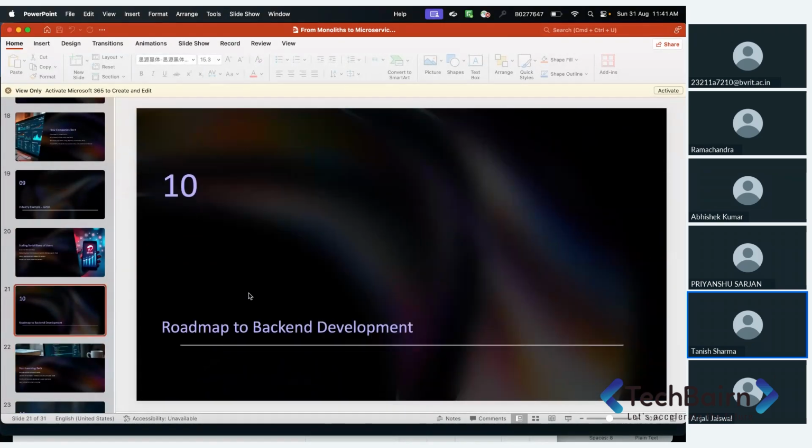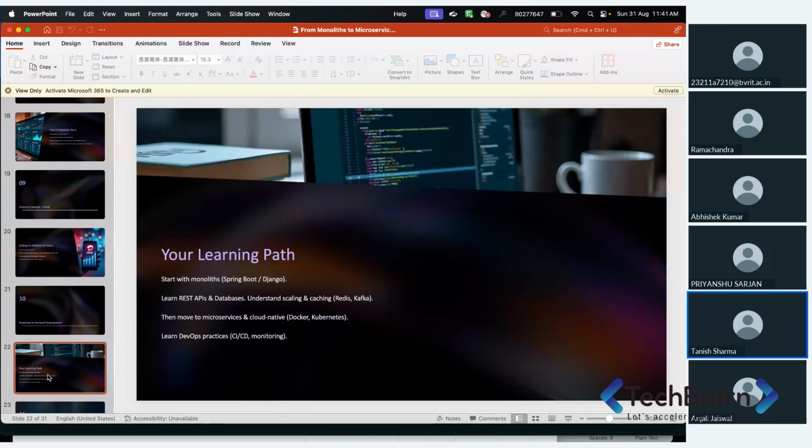Okay. So if I talk about the roadmap for backend development, as per any startup or any new project, you need to initialize your thoughts with a monolith service itself, because you are just experimenting.